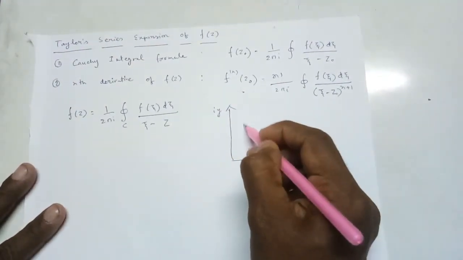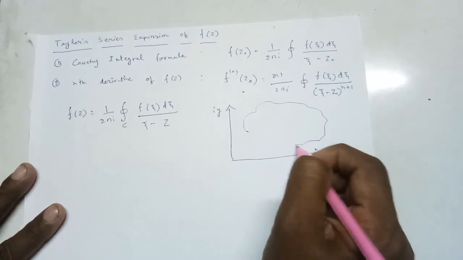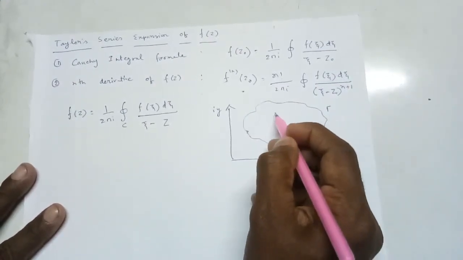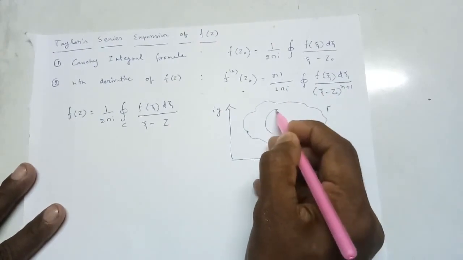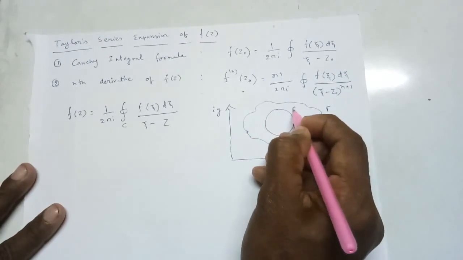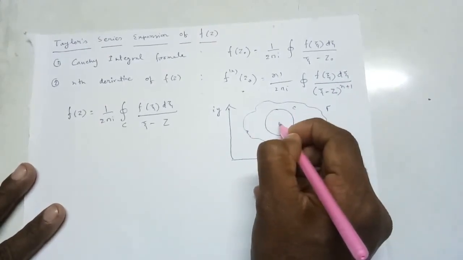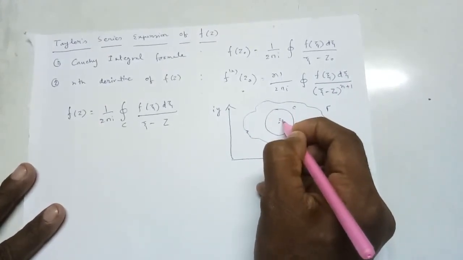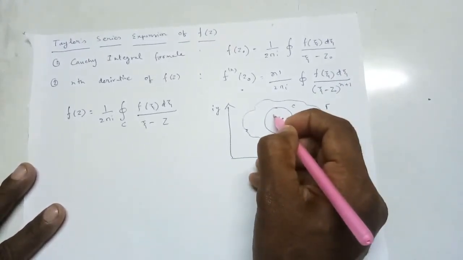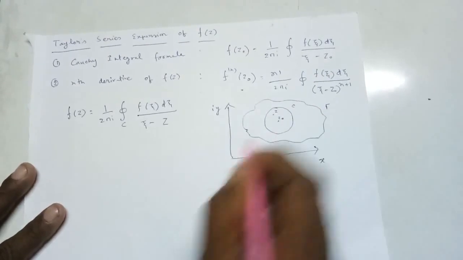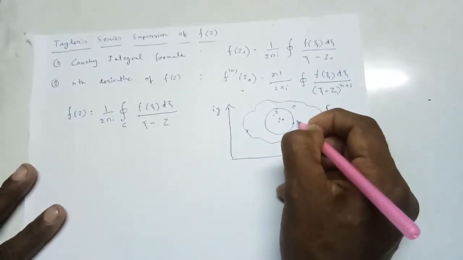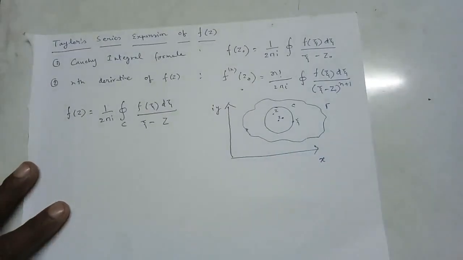Here we have considered some complex region given by gamma, in which we consider a circular contour given by C, and the center of the circle is given by the point z0. Here z is some arbitrary point and xi is the point on the contour.